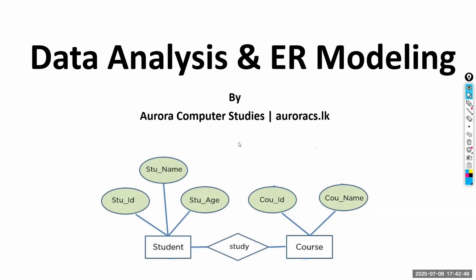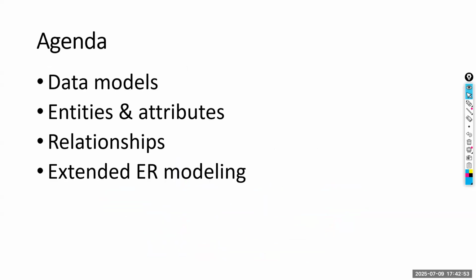So this is all about analyzing your data and modeling it. We will look at what the different data models are, what entities, attributes, and relationships are, and last the extended ER modeling concepts. First we will look at ER modeling, then extend it with additional features for object-oriented support.